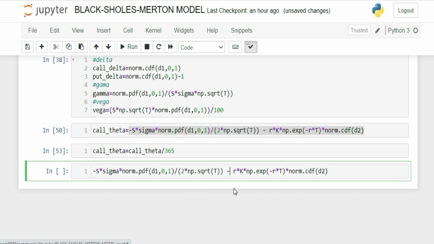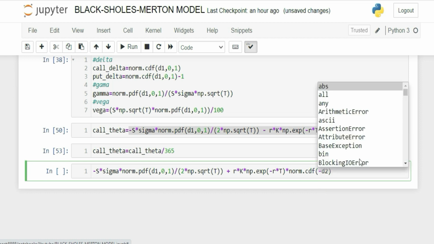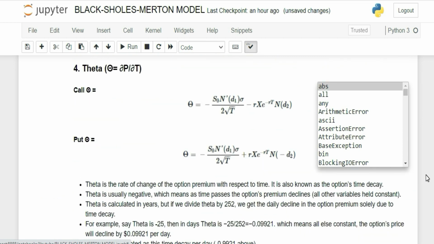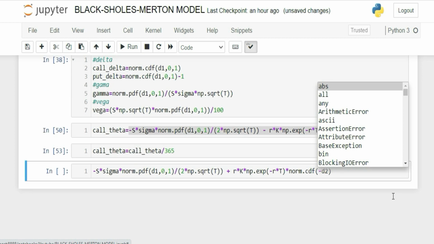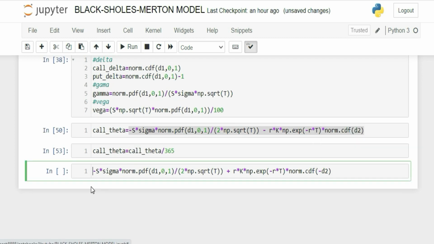This is your plus and this is minus d2. Everything else is the same, I think. Let's go and check it again.